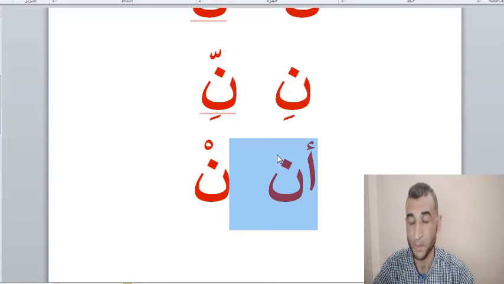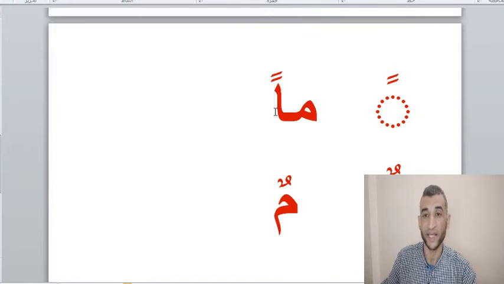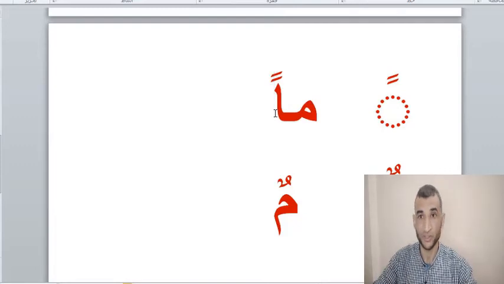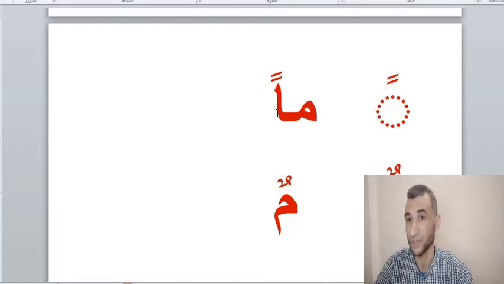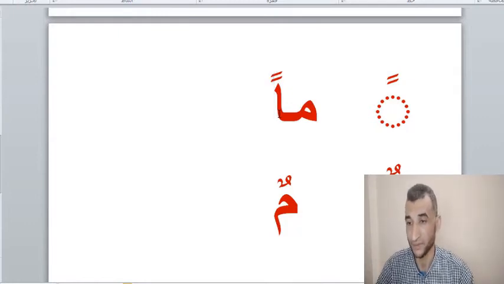So what is tanween? Tanween is an extra noon attached at the end of the word, and it is permissible to pronounce it, and it is prohibited to write it.